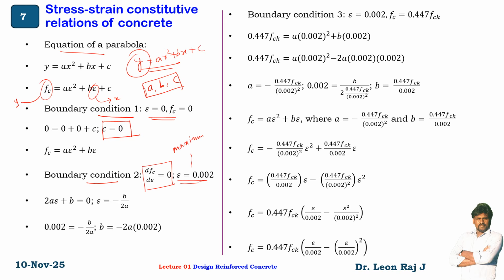If this is y, then we have to find y dash, which is nothing but the derivative of Fc. That is equal to 2a epsilon plus b equal to 0. From there, epsilon equal to minus b by 2a, and substituting these conditions, we get the equation for B in terms of A. The third boundary condition: epsilon is equal to 0.002, where the stress Fc equals 0.447 FCK.